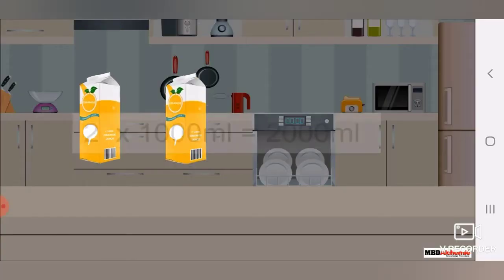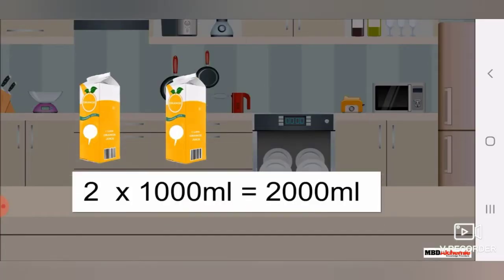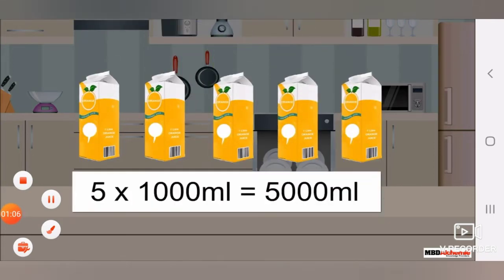Similarly, we say that 2 liters juice is equal to 2 into 1000 milliliters is equal to 2000 milliliters. 5 liters juice is equal to 5 into 1000 milliliters is equal to 5000 milliliters.